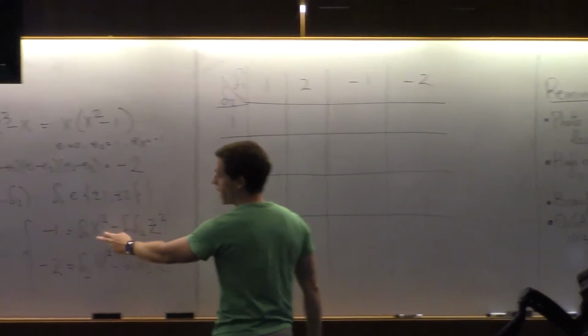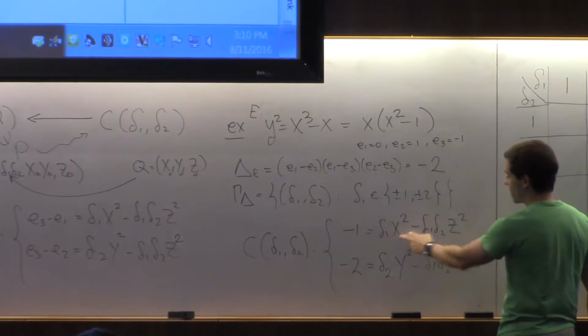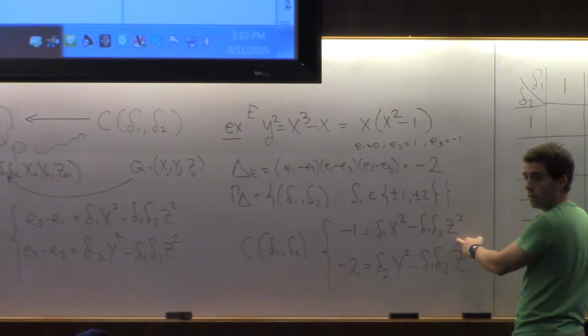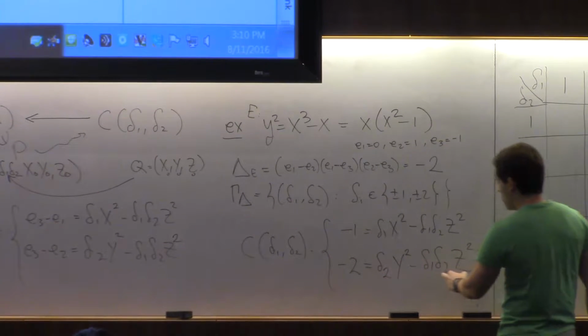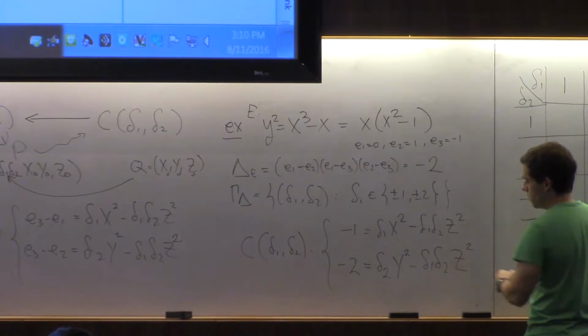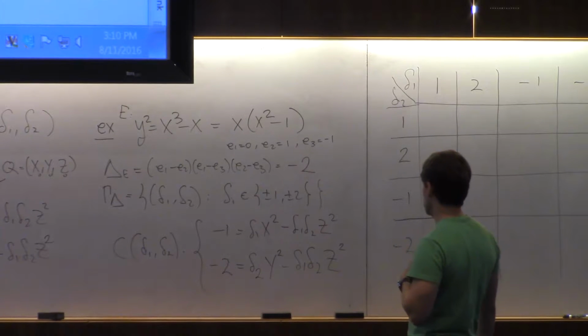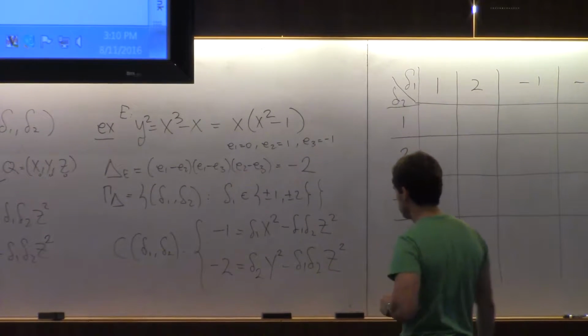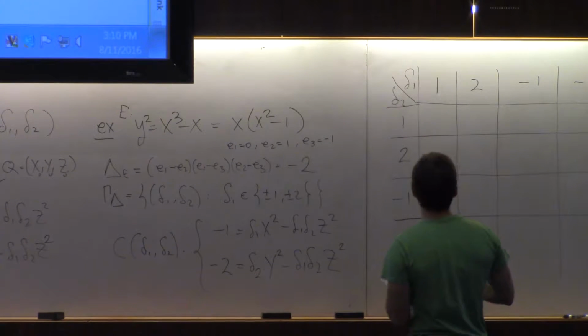With (1, 1), I get x squared minus z squared. So I can pick x0 and z to be 1. And I get y squared minus z squared. And then I can pick... let me not get stuck in that point.